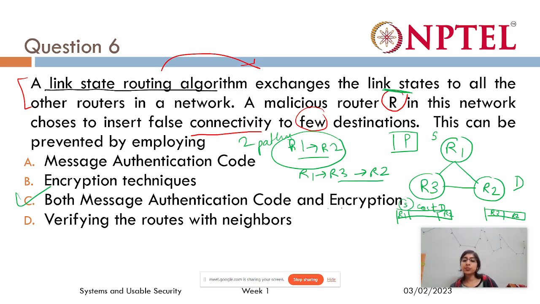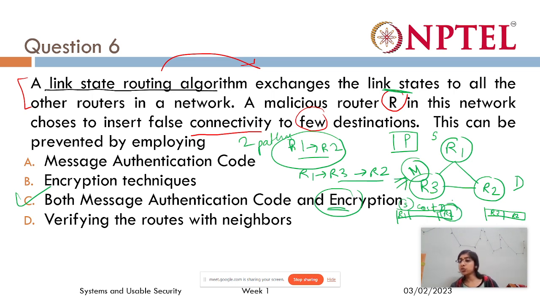So what is encryption? In the case of encryption, I try to encrypt the data that is sent from the sender using some intermediate code, so that if anyone on the path tries to access the information, let's say here R3 is the malicious software through which the packet is going, it is trying to alter the contents.